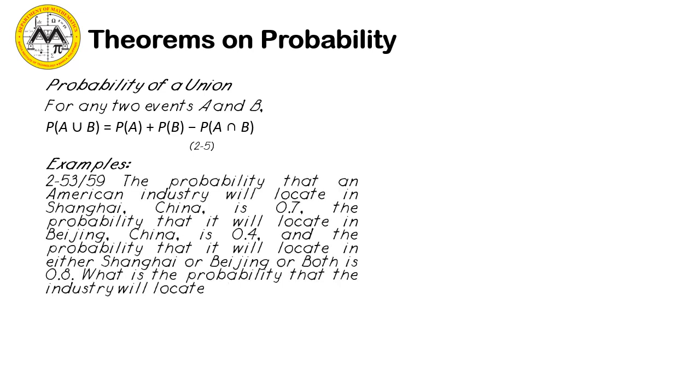Example. The probability that an American industry will locate in Shanghai, China. So let us have event 1 be Shanghai, and event 2 be Beijing.